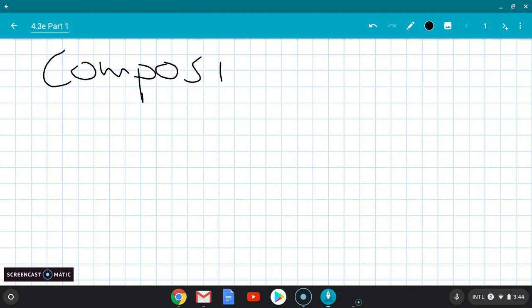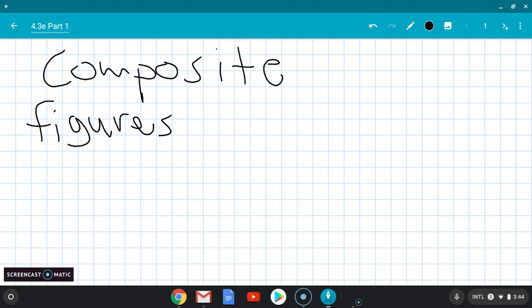Forgive my handwriting on the touchscreen. I will provide a written version of the definition in the class announcement today, but basically a composite figure is two or more figures put together.